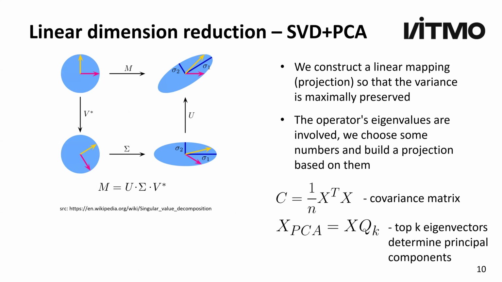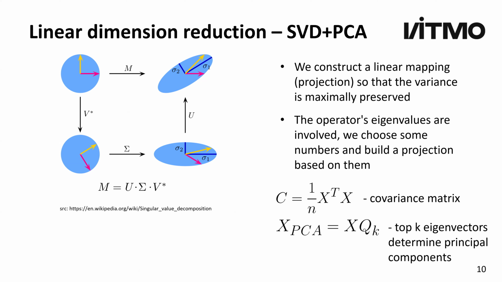First of all is obviously singular value decomposition. It's the first thing that every undergraduate in AI or applied mathematics meets. It's singular value decomposition, and I don't want to stop on it. It's just a linear projection.